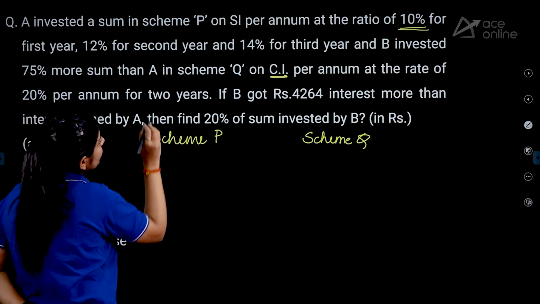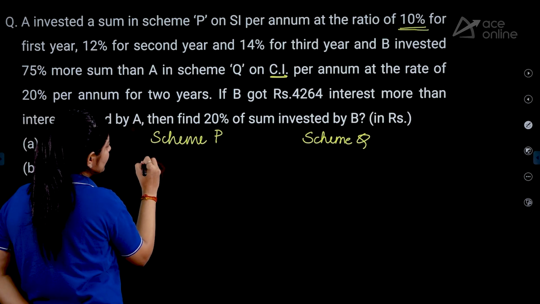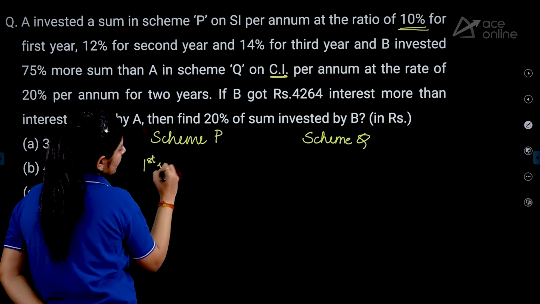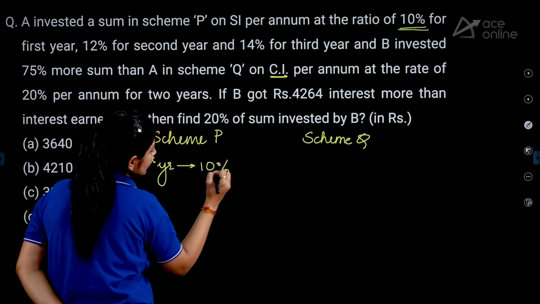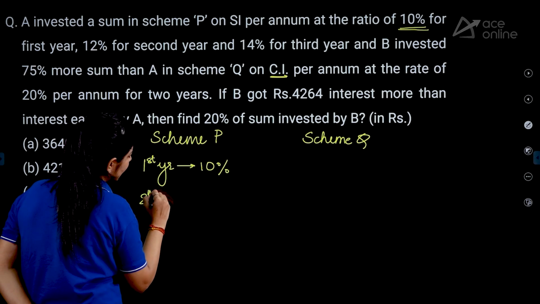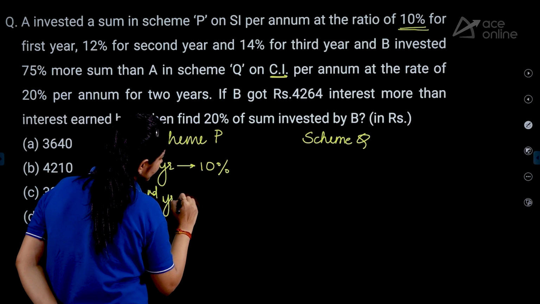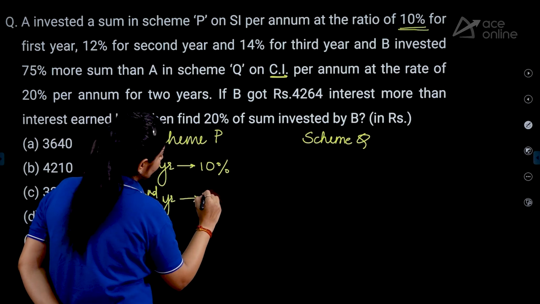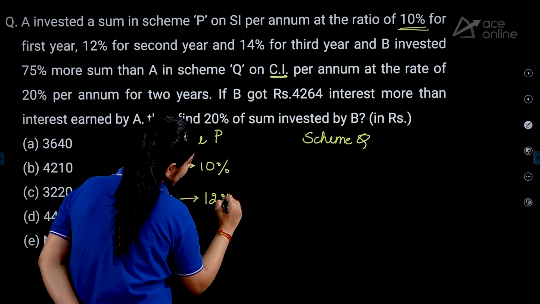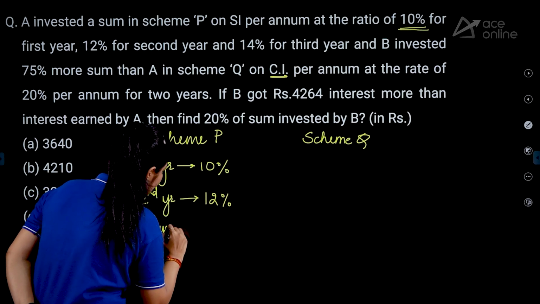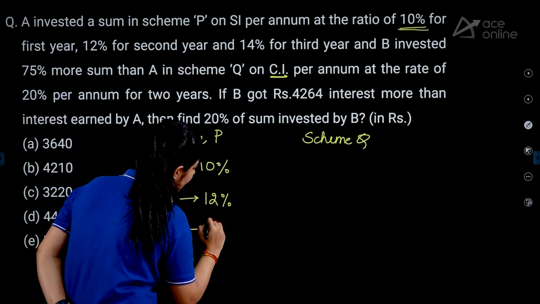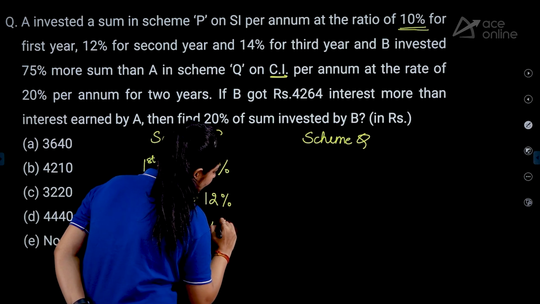Okay. But the question says that for the first year, he is getting an interest of 10%. For the second year, he is getting an interest of 12%, and for the third year he is getting interest of 14%.